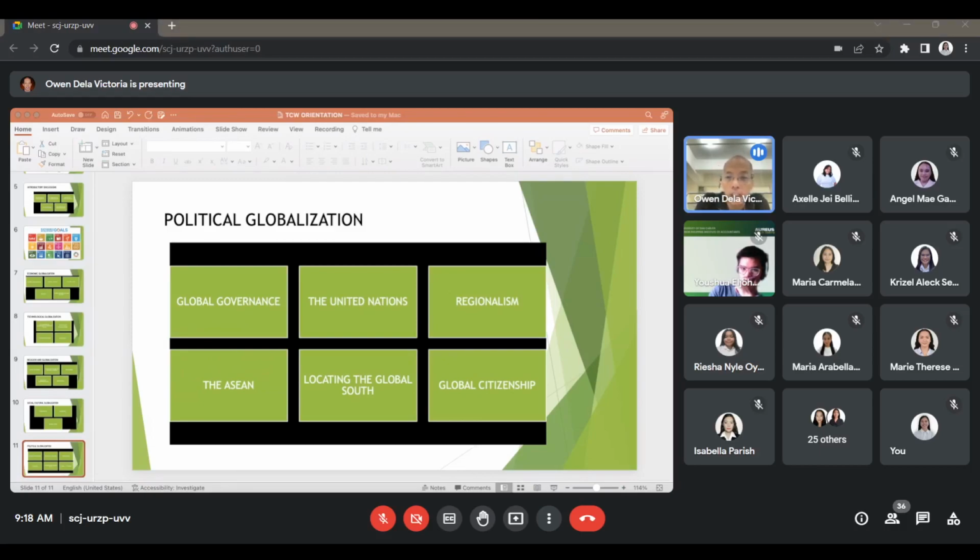So if it appears in your Canvas and there is an equivalent point or points for that activity, then that is graded. If you were able to submit it on time, take note, on time, meaning before it is closed in Canvas, then you will be graded for that. If you are late, it will no longer be accepted, since it is only formative.